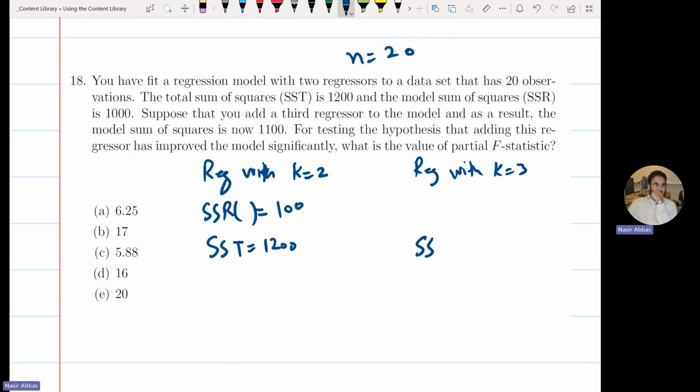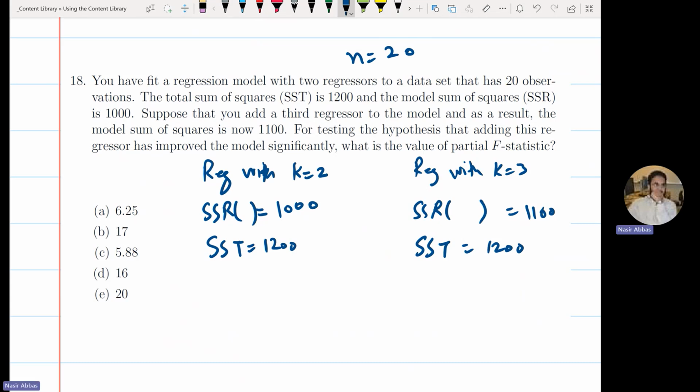So your SST for this one will be the same, 1200. Your SSR for this one is given to be 1,100.